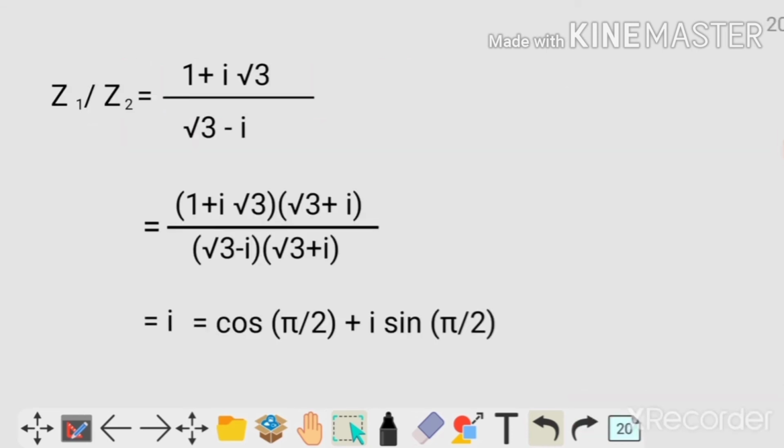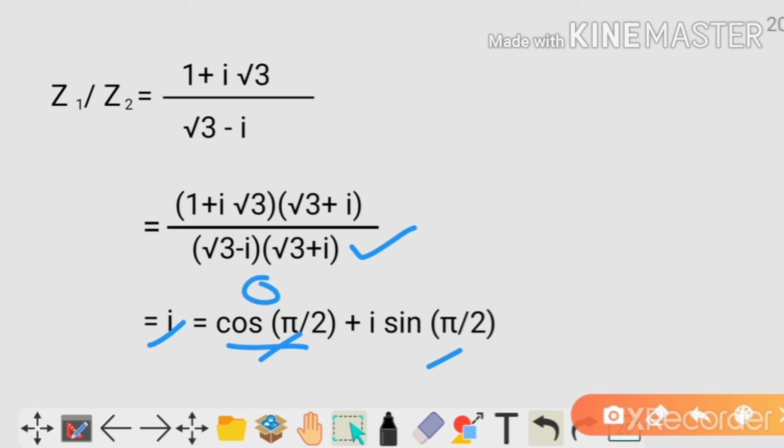If you look at Z1 by Z2, then after eliminating the complex number from the denominator, we get i, and we can write i as cos pi by 2 plus i sin pi by 2, because cos pi by 2 is equal to 0 and sin pi by 2 is equal to 1.